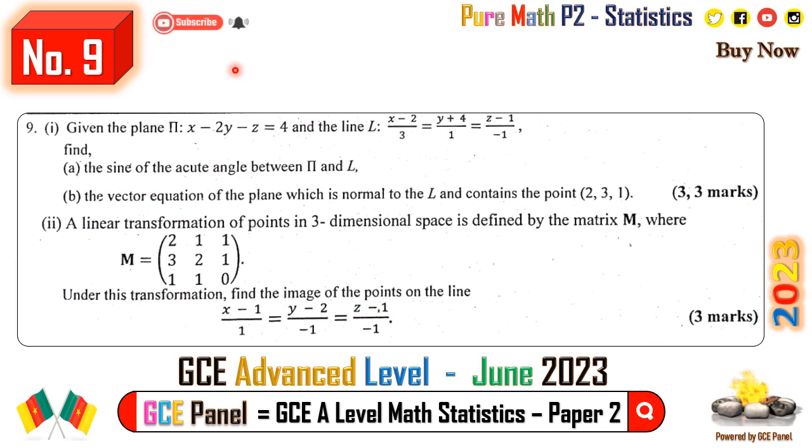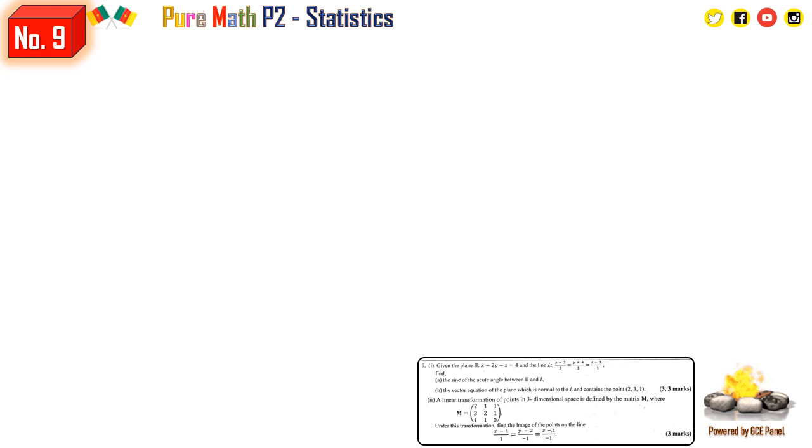Now, let's hit this question. In this question, the A part says find the sine of the acute angle between pi and L. So to find the sine of the acute angle between a line and a plane, we need the normal to the plane and we equally need the direction vector of the line.